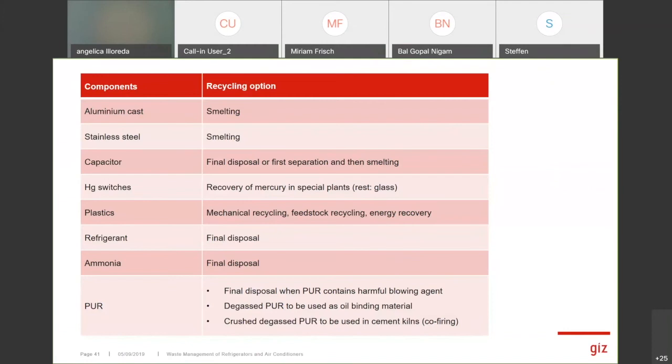Ammonia final disposal will be the option, and for polyurethane it will be final disposal when PUR contains harmful blowing agent. Crush it and degas PUR to be used as an oil binding material, or degassed PUR to be used in cement kilns and co-firing, so burning.